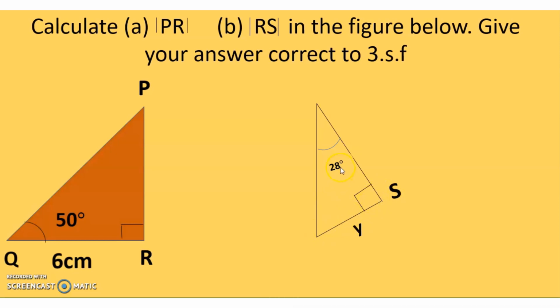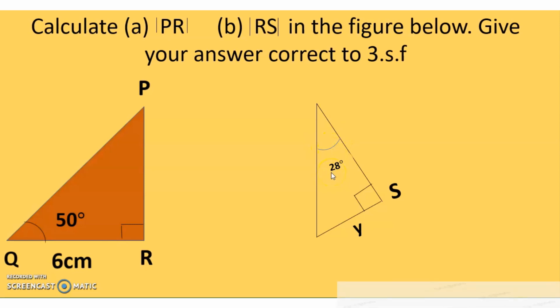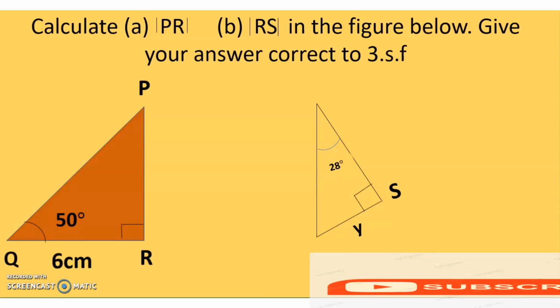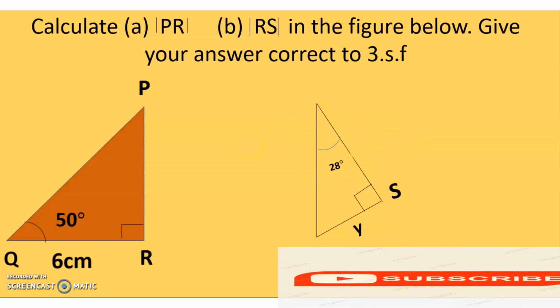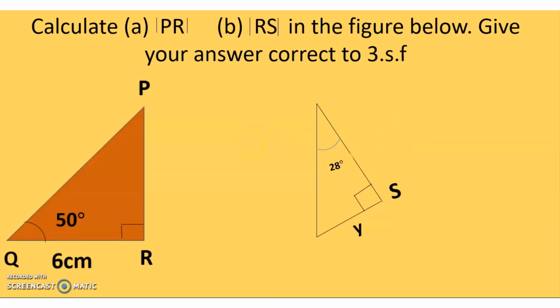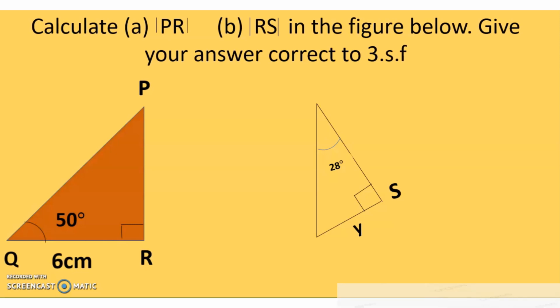We are only given an angle. If you want to use Sohcahtoa, the so is opposite over hypotenuse. Opposite is not given. Hypotenuse is not also given. So you cannot use so. You can't use car because in fact there is no side given in the second triangle.